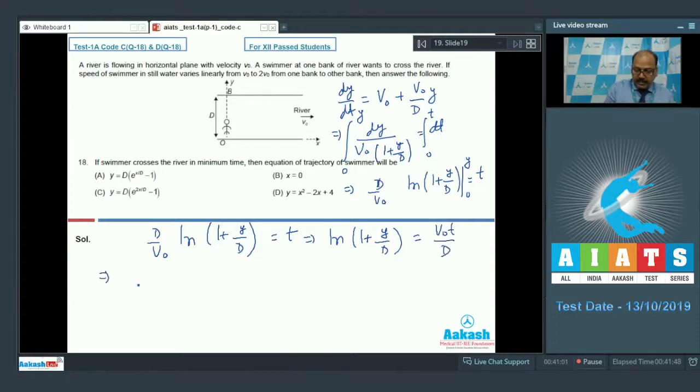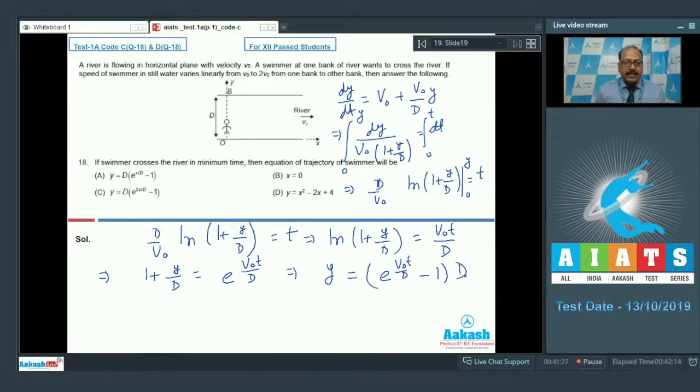Further simplifying, we get it as 1 plus y by d equals e to the power v naught t upon d. That means y equals e to the power v naught t upon d minus 1 into capital D.